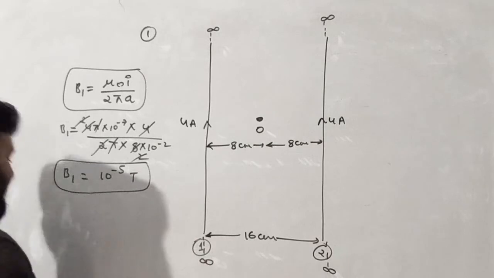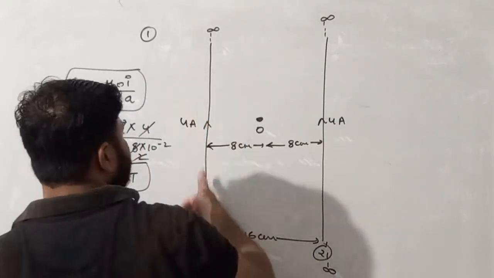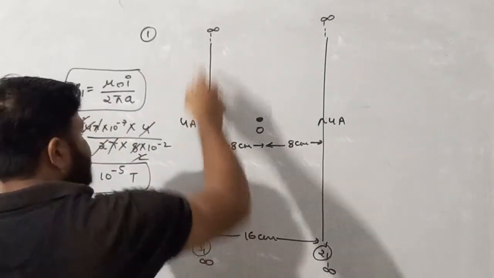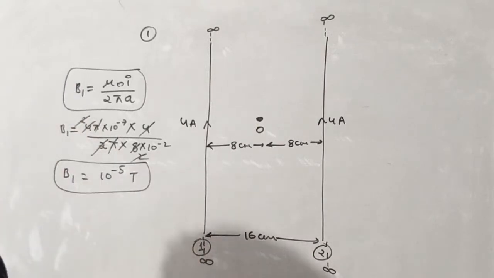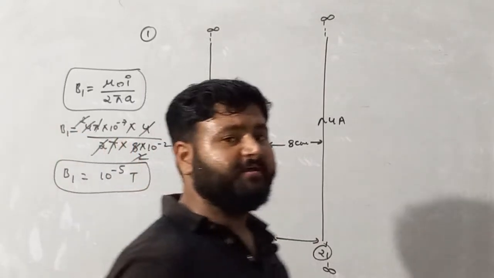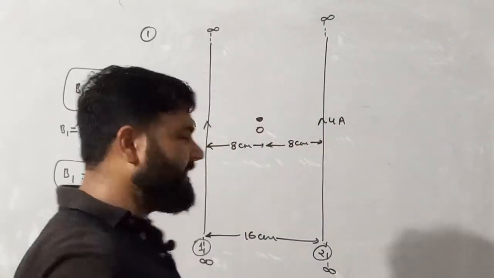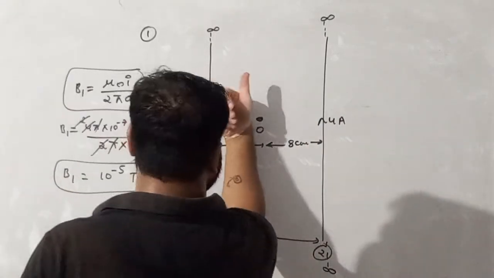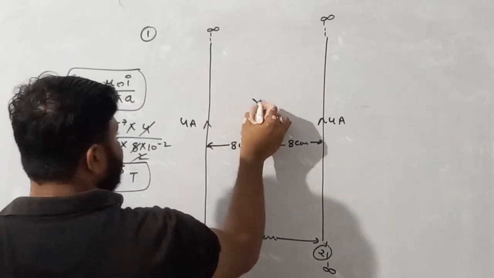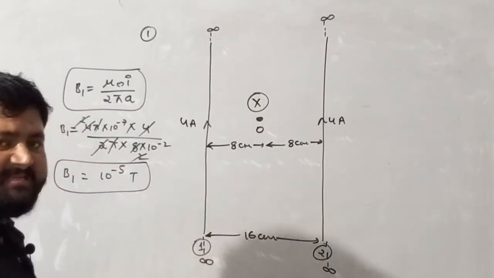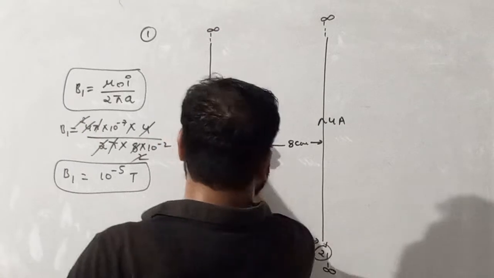Now see the direction of the magnetic field. Place your thumb in the direction of current, as this is basically a current carrying straight conductor, and we are all aware of the direction of the magnetic field due to a current carrying conductor. Place the thumb in the direction of current, curl your fingers. So due to this wire at point O, the magnetic field is inside because our fingers are going inside.